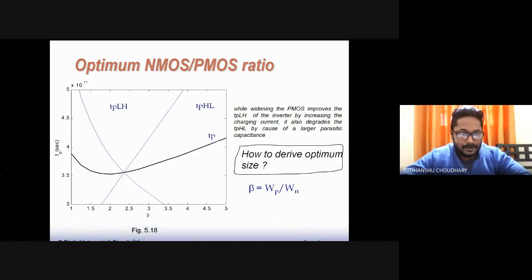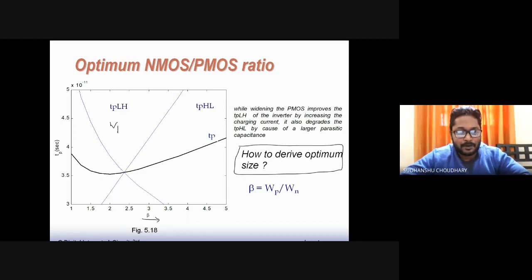But yes, from this plot, where beta is again the sizing factor, you will see that when you increase the size of PMOS, PMOS is stronger now, right?